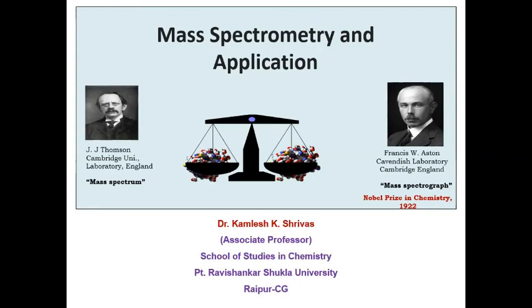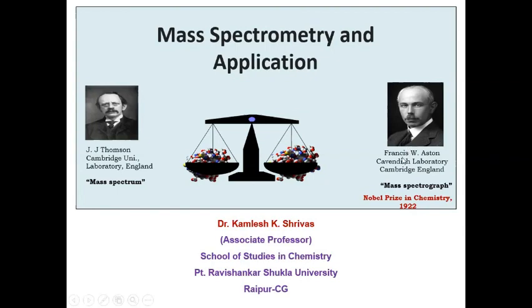We know what mass spectrometry is and its application. This slide shows J.J. Thomson, from Cambridge University. He first recorded the mass spectrum of molecules, which is the very starting point of the development of mass spectrometry.